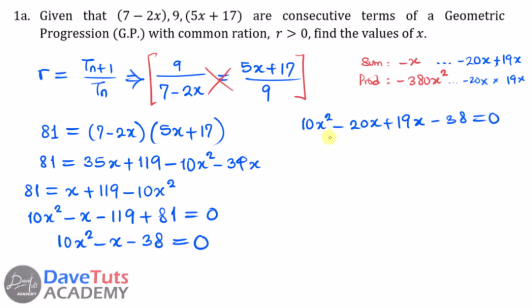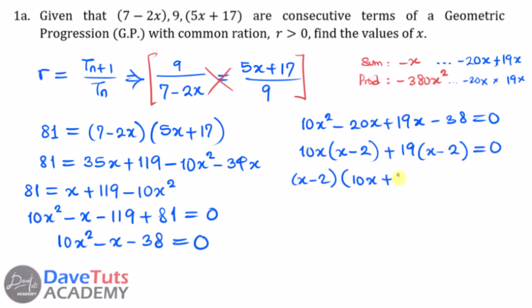Now I can factor out 10x from 10x squared and 20x. 10x is common to both, so here we have x minus 2 remaining, so that 10x times x is 10x squared. 10x times minus 2 is minus 20x, and the same is applicable in the second case. 19 is common, we have x minus 2 remaining. Now x minus 2 is common to these two terms, so I can say x minus 2 here, and then here I have 10x remaining, here I have 19 remaining.